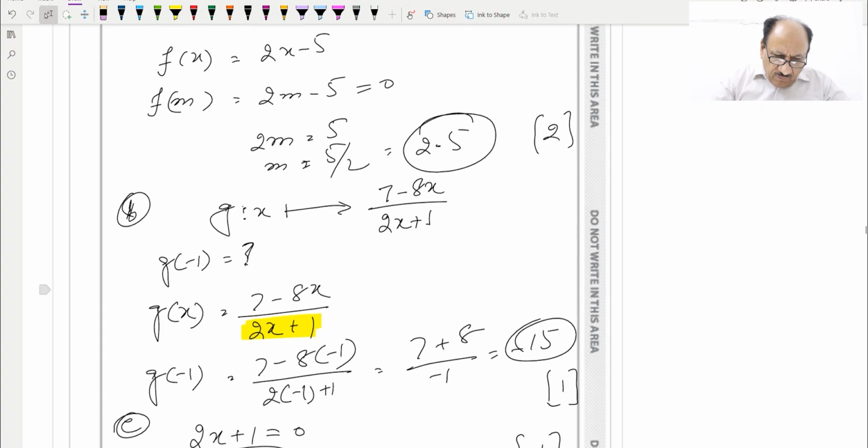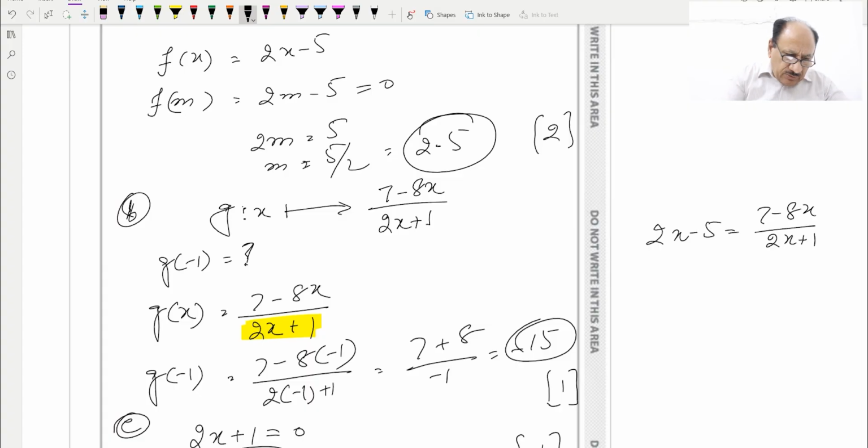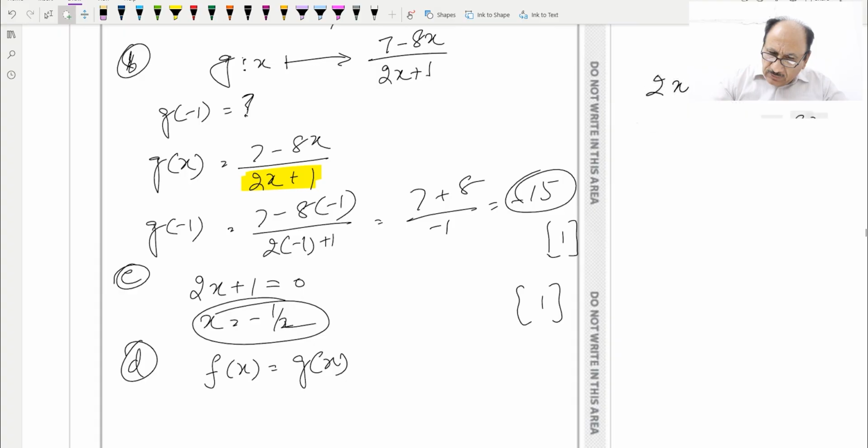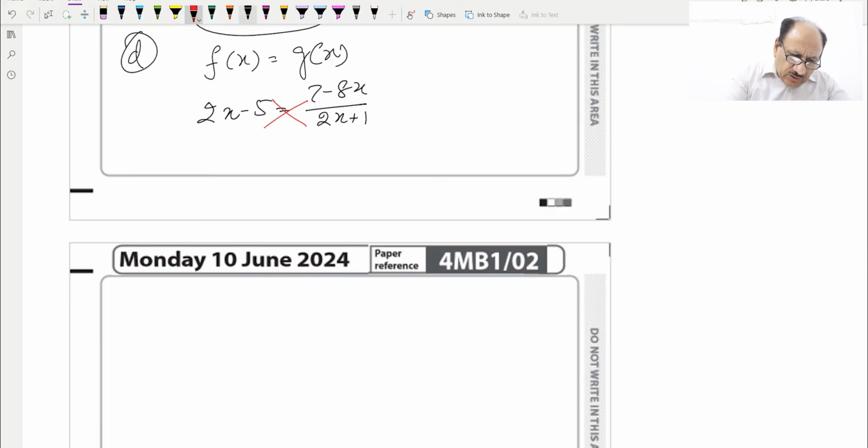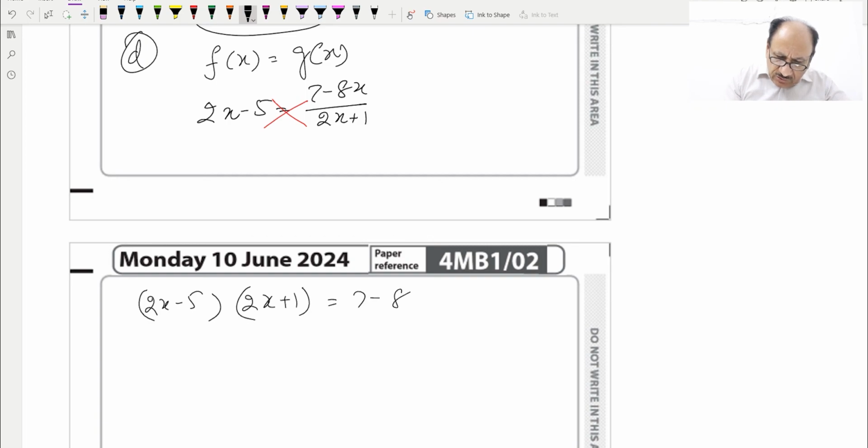So what is f of x? f of x is 2x minus 5 equal to g of x, which is 7 minus 8x over 2x plus 1, and this one we can solve here. After cross multiplication, this will be 2x minus 5 into 2x plus 1 is equal to 7 minus 8x.